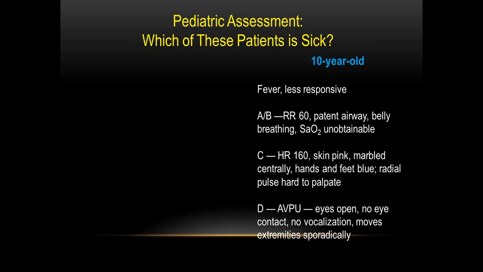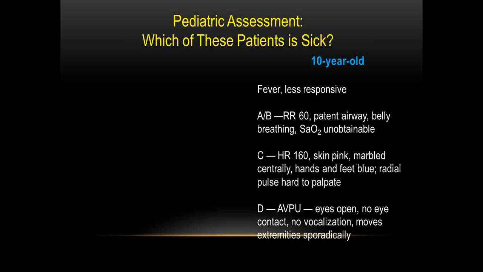But marbled centrally, so in the trunk of his body, he's got this splotchy, blue, pale splotches. That's not good. Hands and feet are blue. Does that send up a red flag? It should. And then the fact that you cannot palpate a radial pulse on him. What's that telling you about his perfusion, his blood pressure?